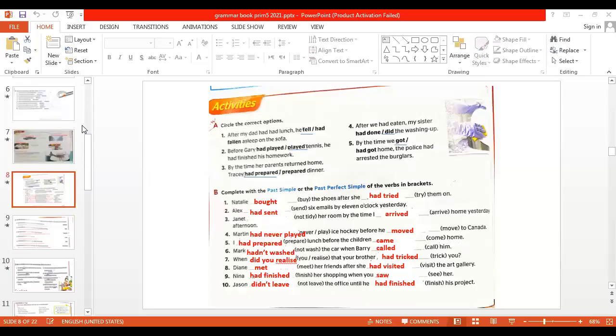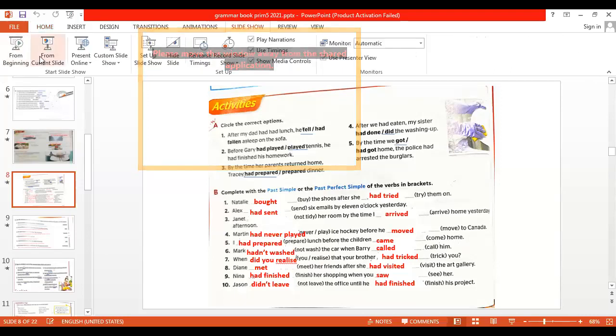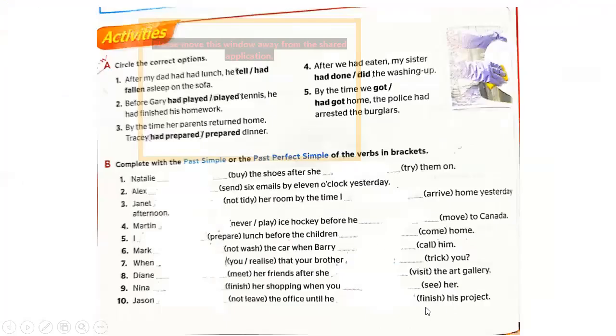Okay. Now exercise B. Have you opened your book? I can hear you, Miss. Open your book page 58 grammar book.